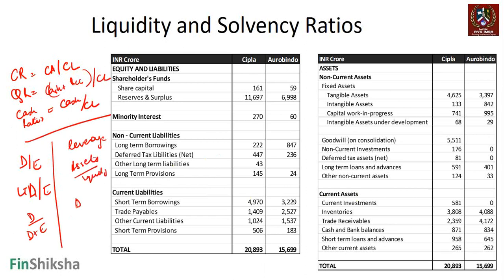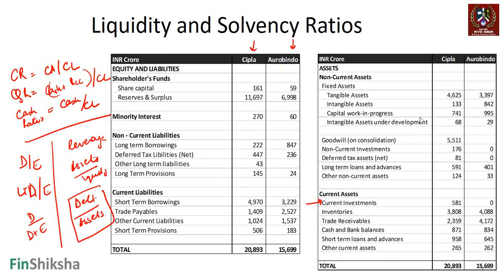And we will look at debt by total assets or total liabilities, correct? In a way, this is already done because you've done the common size statement calculation, right? Those are the firms. Let's try and calculate some of these ratios, right? Remember, current investments are cash equivalents, so they will be treated as cash in our discussion, right? So let's quickly look at some of these calculations.